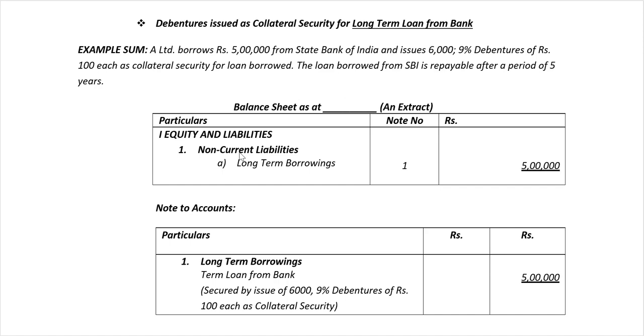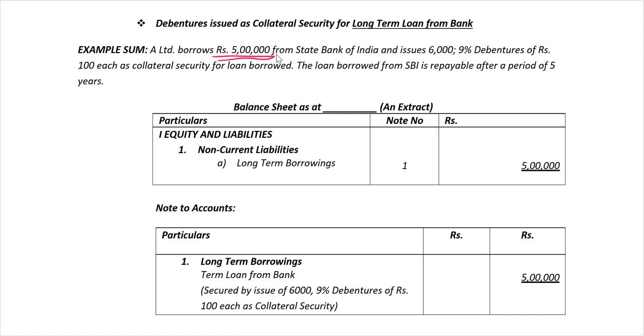So the loan borrowed by A Limited from State Bank of India amounting to rupees 5 lakh is a long-term loan. In the note to accounts, after leaving space for the balance sheet which we will prepare, under long-term borrowings we will write term loan from the bank. The amount is 5 lakh and we will just mention by way of a note secured by issue of 6,000 9% debentures of rupees 100 each as collateral security.